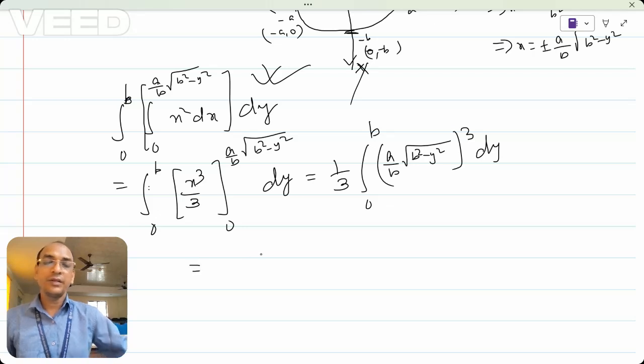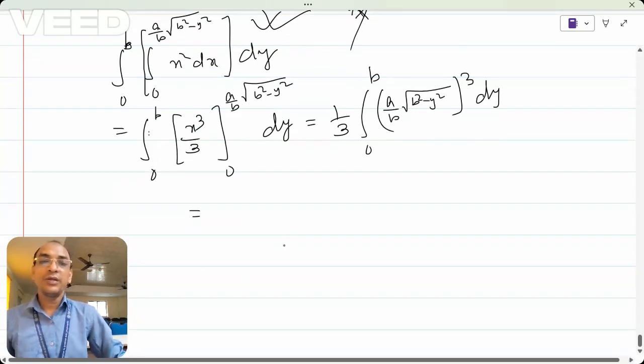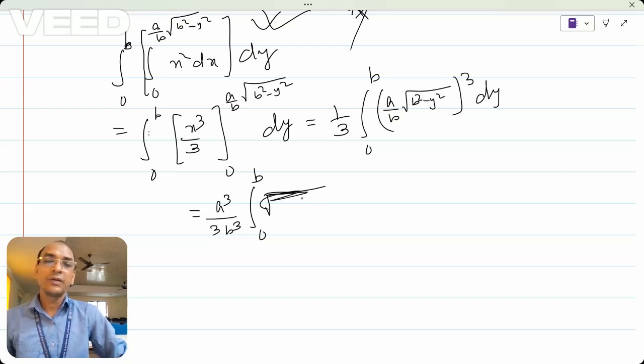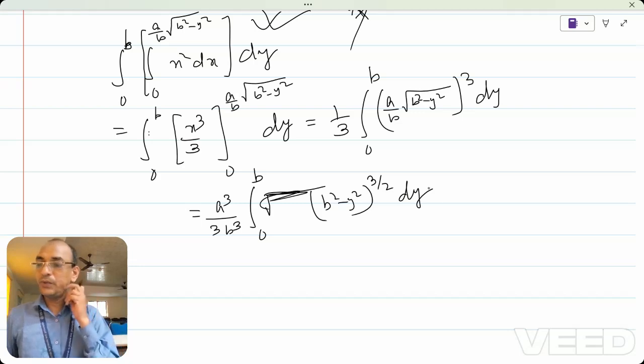And so what will be the thing here? a by b cube means here we can have a cube by 3b cube integration 0 to b of b square minus y square to the power 3 by 2 dy, and you can integrate it by substituting.